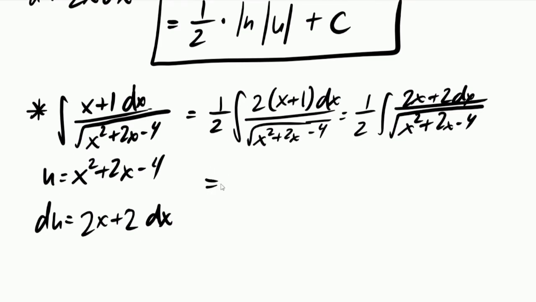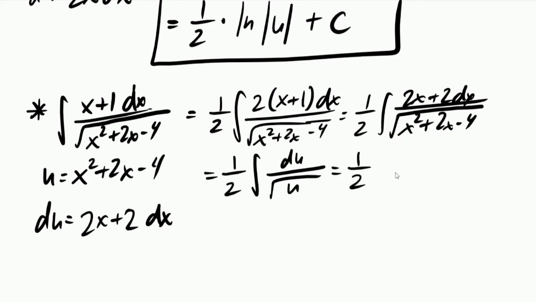Now next, this equals to, just copy the constant, and then the integral sign, 2x plus 2 dx is equal to du all over the square root of x squared plus 2x minus 4, that is equal to u. Now this is just also basic integration by just using u.